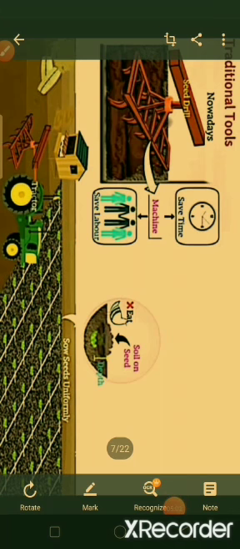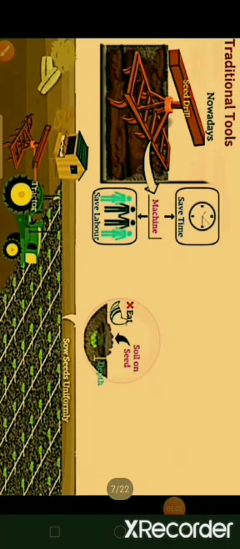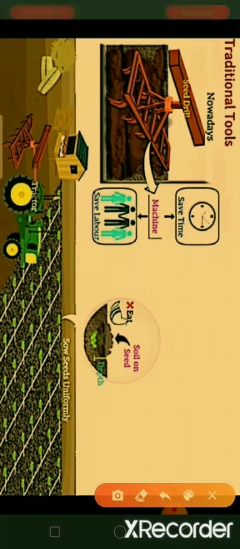But nowadays we are using some improved implements, that is the seed drill, which is used for sowing seeds with the help of a tractor. We use a tractor to drive such an implement.